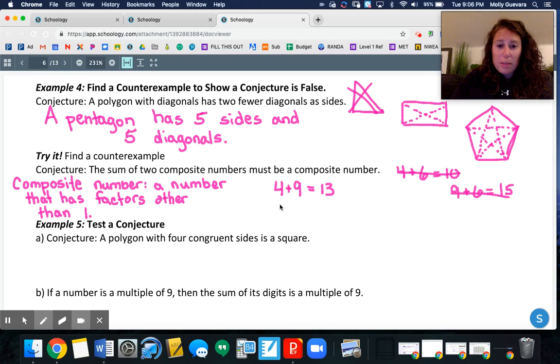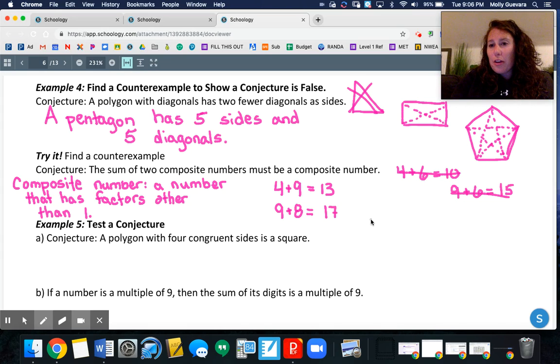Another possible example that you could have found is 9 plus 8, right? So 9 is 3 and 3, 8 is 4 and 2, so two composite numbers. And if I add them together, I get 17, which is a prime number, and I cannot break that up any further.